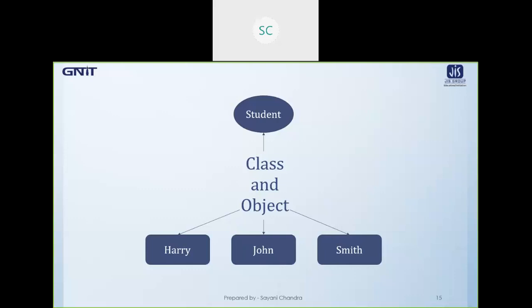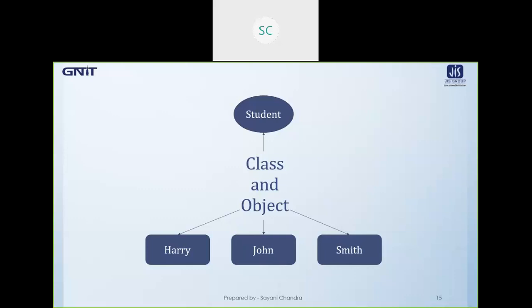As you can see here, three student names are mentioned: Harry, John, and Smith. When we go to the class, we can see only these students who will be present in the class. That means the physical entities that we can visualize are Harry, John, and Smith. So these three students are three objects of the student class.